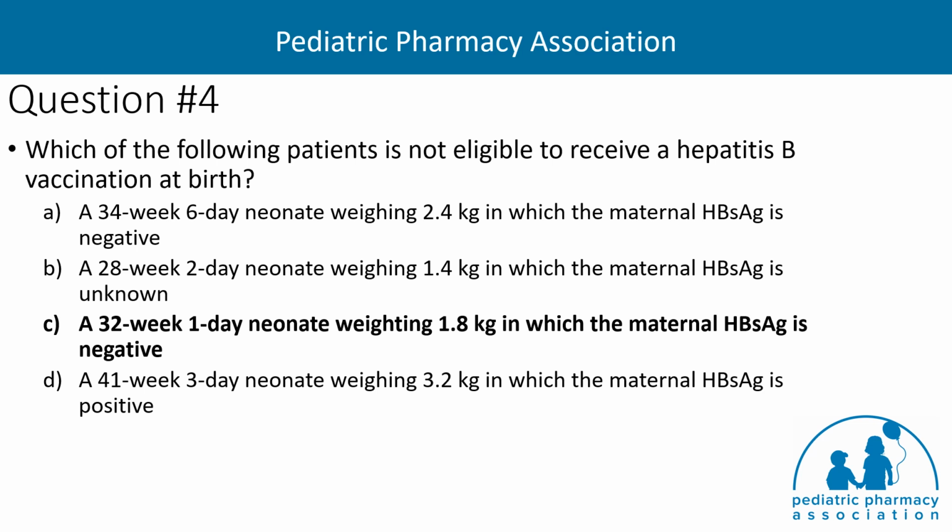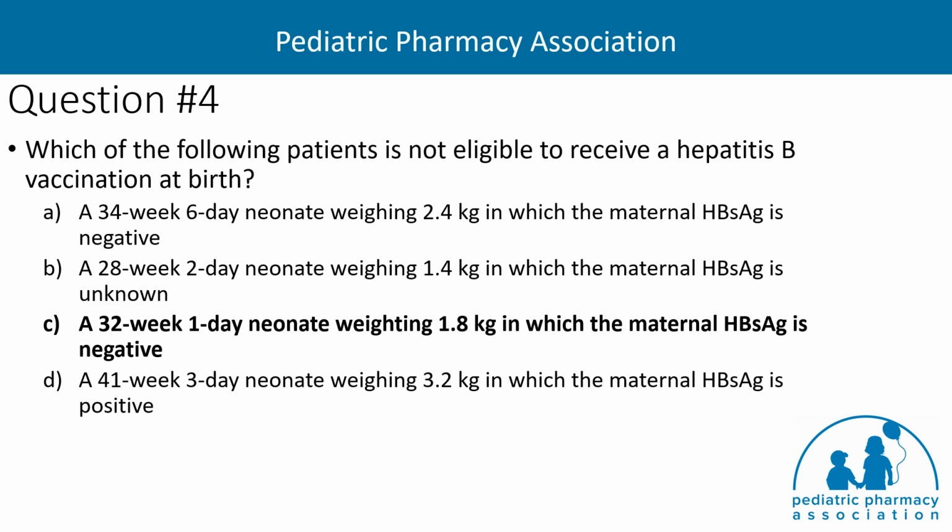The other answers are incorrect for the following reasons. Letter A, the neonate is greater than 2 kilos and hepatitis B surface antigen is negative. That neonate is able to receive it within the first 24 hours of life. Letter B, while the neonate is less than 2 kilos, the unknown maternal hepatitis B surface antigen makes this baby eligible to receive despite their birth weight.